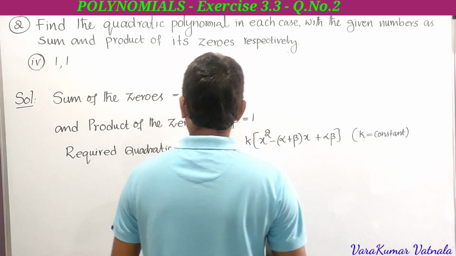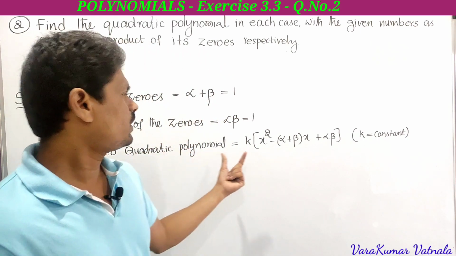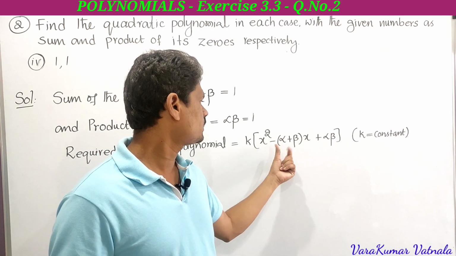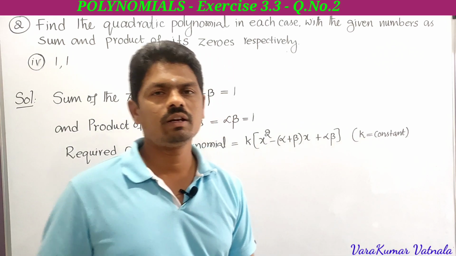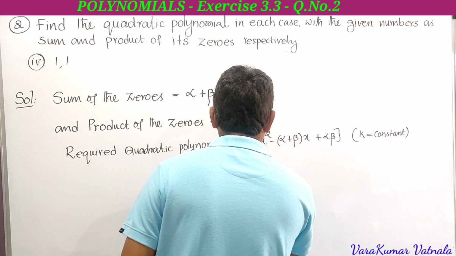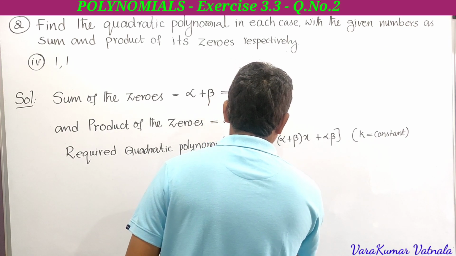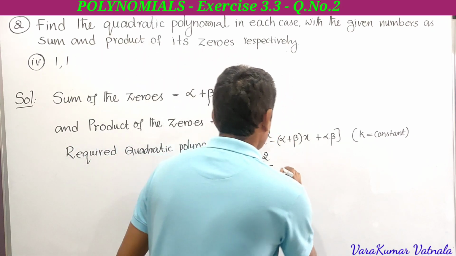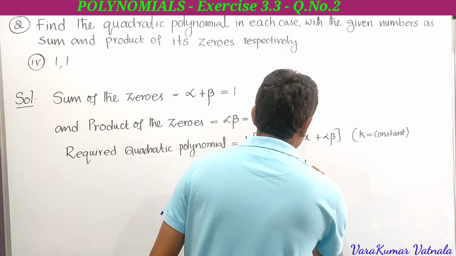So now we have to substitute in the formula. Required quadratic polynomial is equal to k into x square minus alpha plus beta into x plus alpha into beta, where k is constant. So now we substitute in the formula: k into x square minus alpha plus beta is 1, so 1 into x plus alpha into beta is also 1.